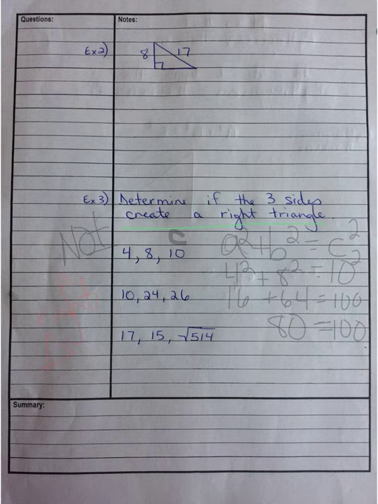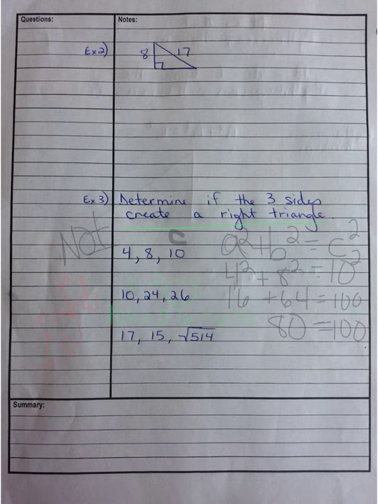A right triangle means you have a 90-degree angle. Let's go ahead and look at the next two. We know this is C, and this is going to be my biggest. So 10 squared is 100, plus 24 squared is 576. And let's square my C, my largest side, and I get 676.